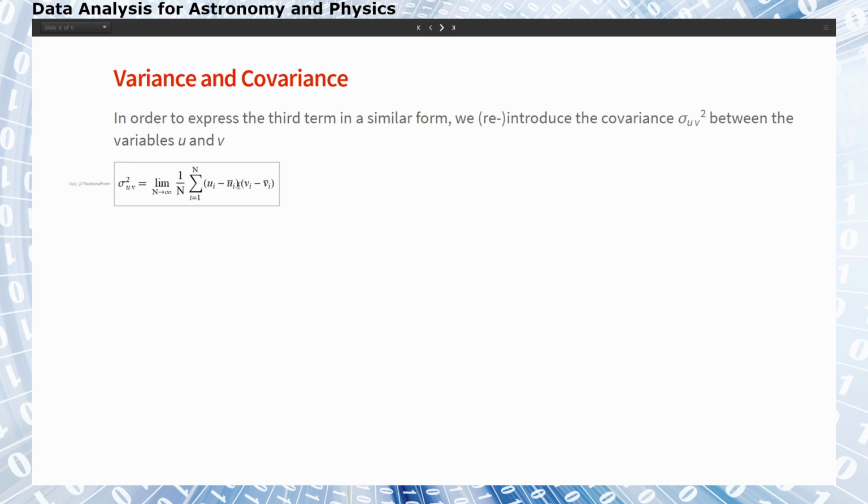Here it's important to note that in contrast to the variance, which cannot be negative, this of course can return a negative number, because either of the two terms in the product can be a negative number.